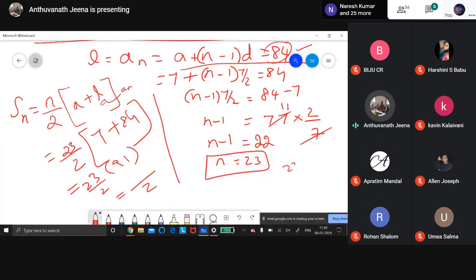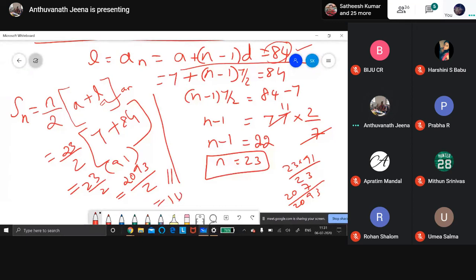Can anyone multiply 23 into 91 in rough column? 2093. 2093 divided by 2 is the answer. Okay, so Sn is 2093 by 2.